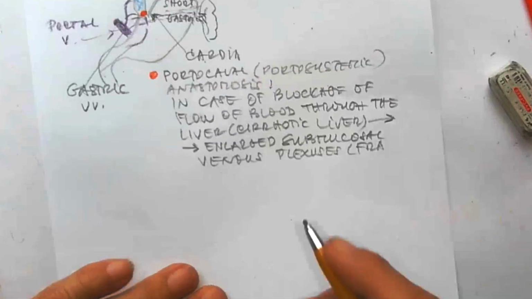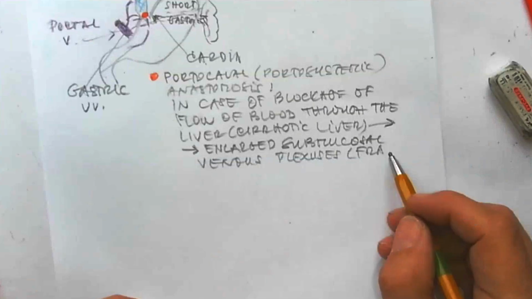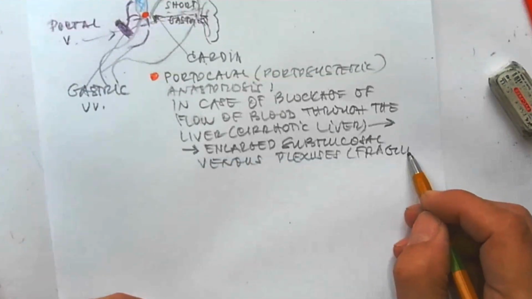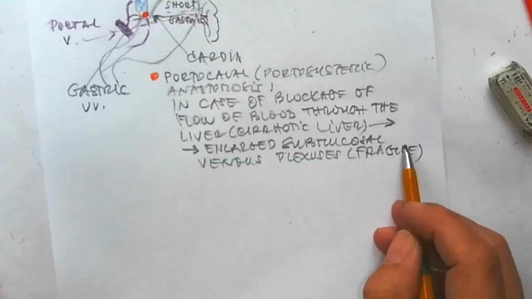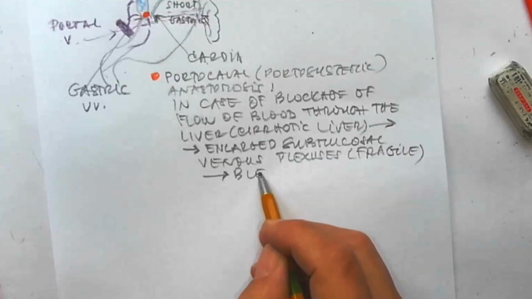So even enlarged submucosal venous plexuses may cause the fragility. So fragile venous plexuses, which can lead to bleeding.